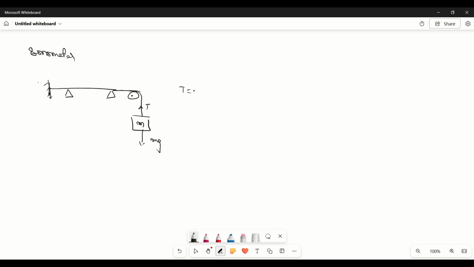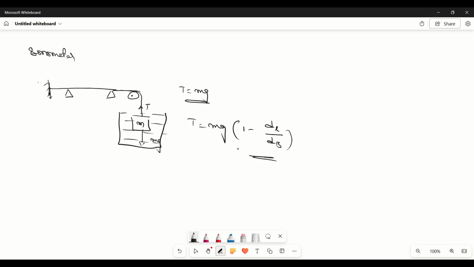Suppose I dip the block in a liquid, the tension across the string is represented as T equal to mg into 1 minus density of the liquid by density of the body.